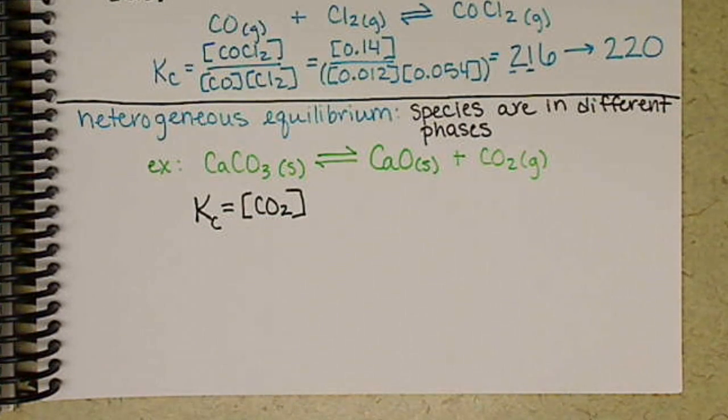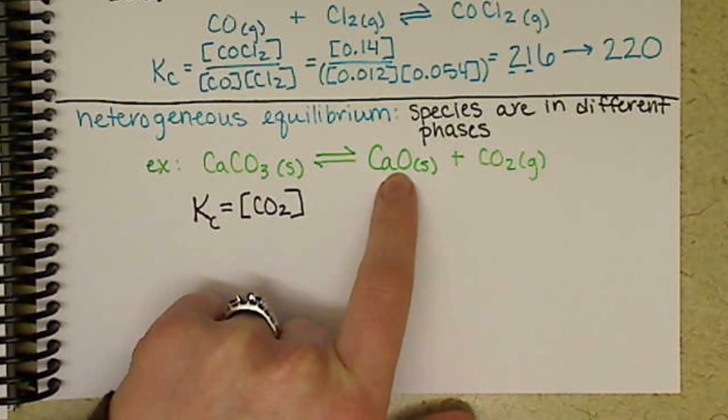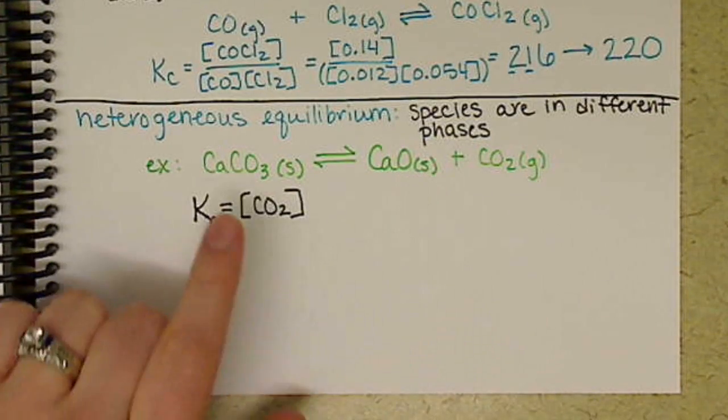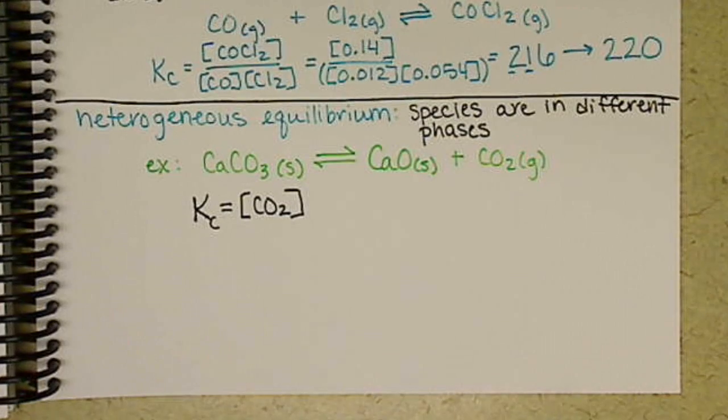Now, for those of you who are screaming at your computer right now, we still do have another reactant here, calcium oxide, which is a solid, and we have calcium carbonate as a solid.